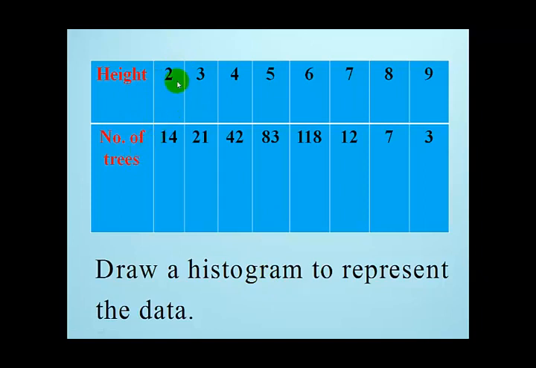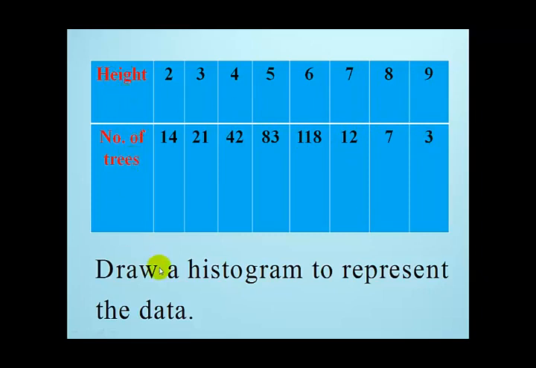So 2 corresponds to 14, 3 corresponds to 21, 4 corresponds to 42, 5 corresponds to 83, 6 corresponds to 118, 7 corresponds to 12, 8 corresponds to 7, and 9 corresponds to 3. That's the height and the number of trees.